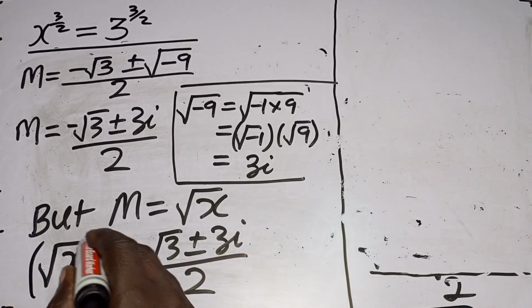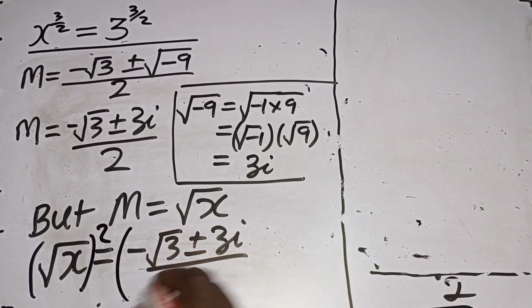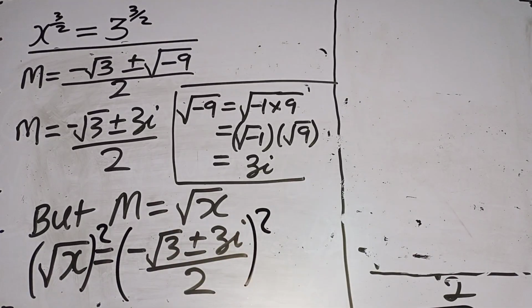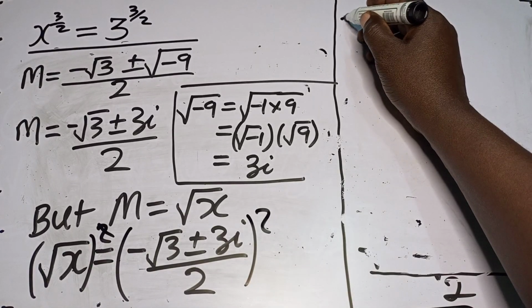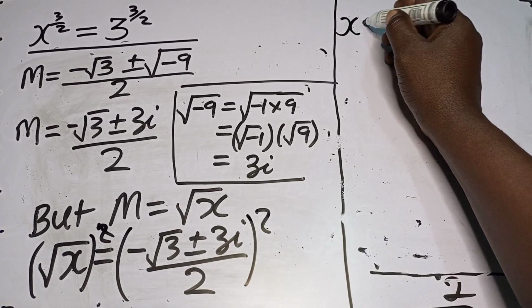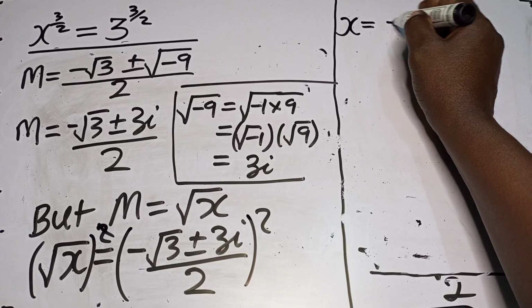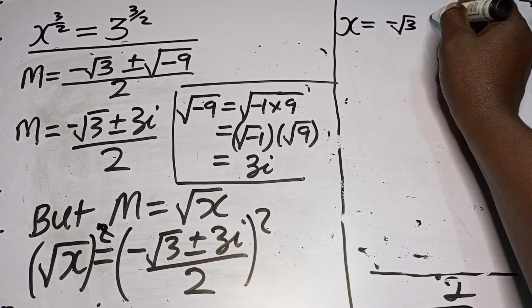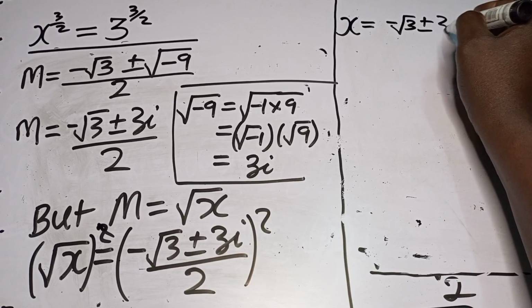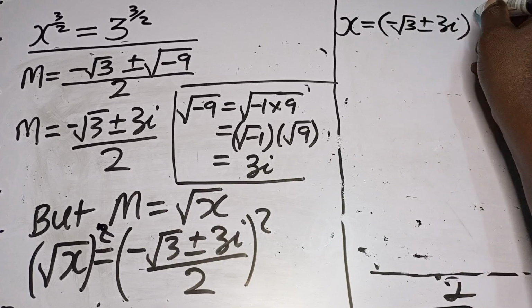So let's write it there. When we square both sides, the square will cancel the square root. And so we have x is equal to negative root 3 plus or minus 3i, squared.